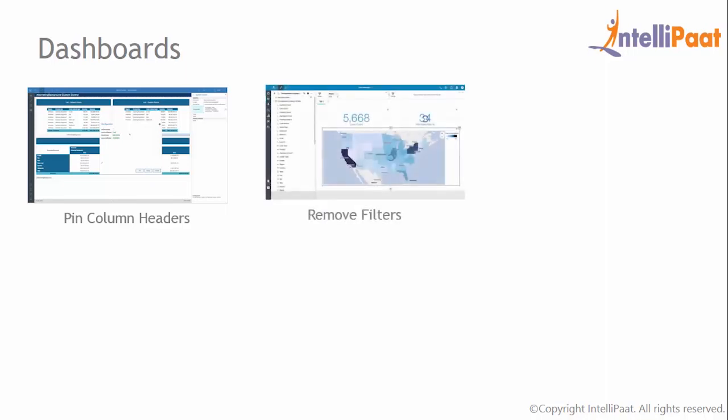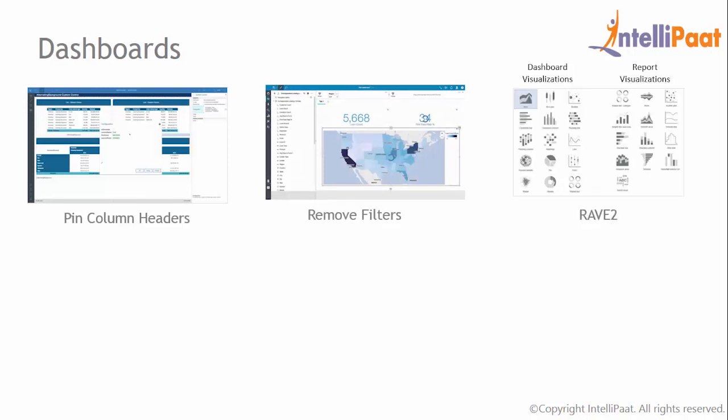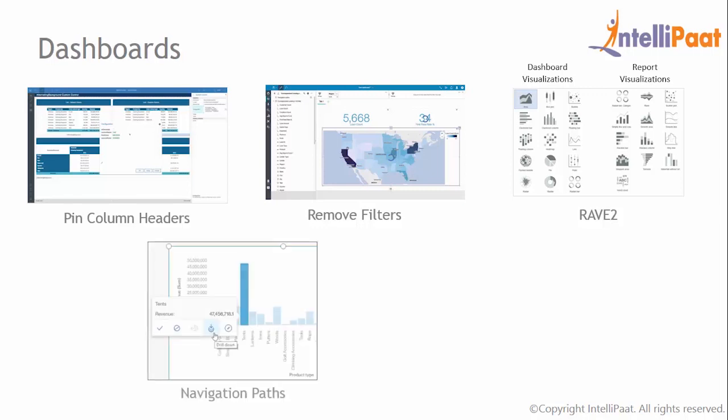As you filter through visualizations, you can easily select and remove filters. RAVE2 visualization engine for both dashboards and reports, added for better performance, functionality, and appearance. Navigation paths allows greater flexibility to drill down into your data by jumping to different fields and levels.